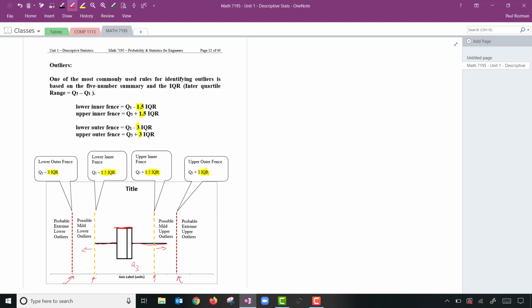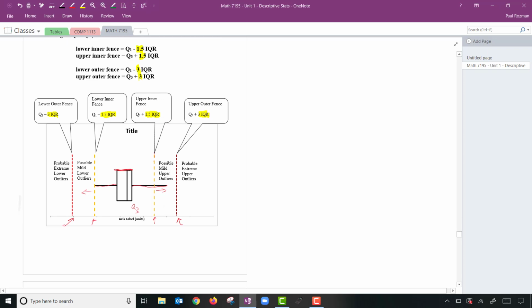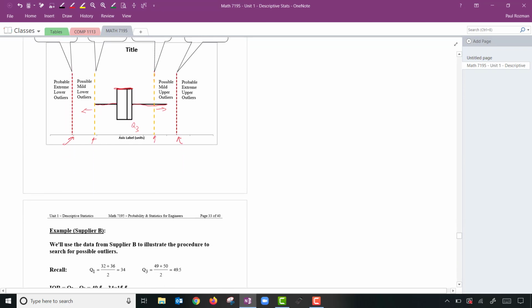So basically, we're going to just calculate these values. Sadly, Excel doesn't have a nice built-in function called inner fence or upper fence, so we'll have to calculate these things with a custom formula. But that's not so bad.